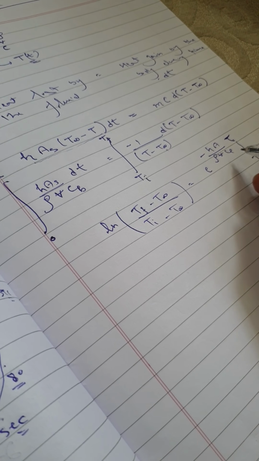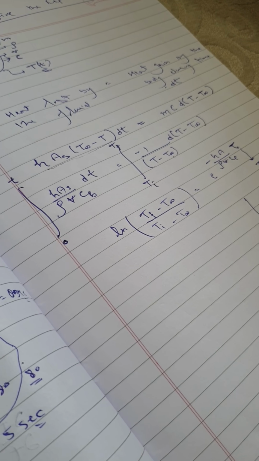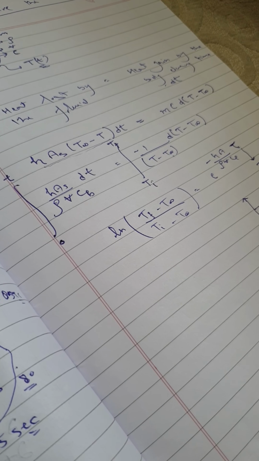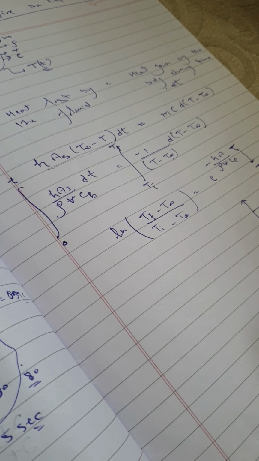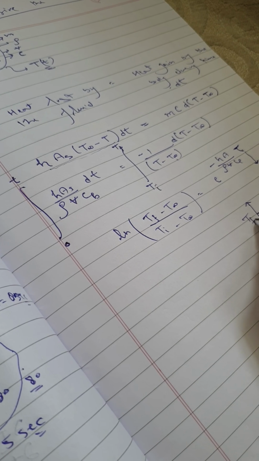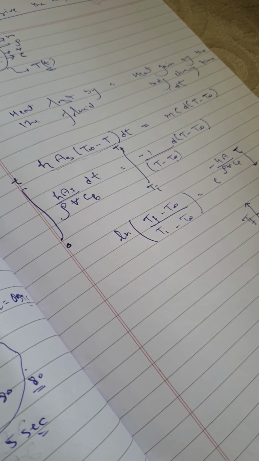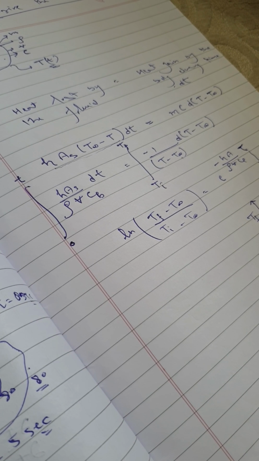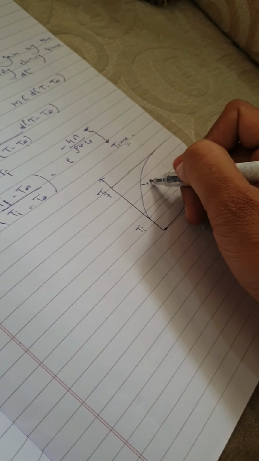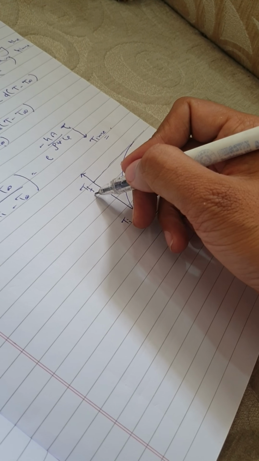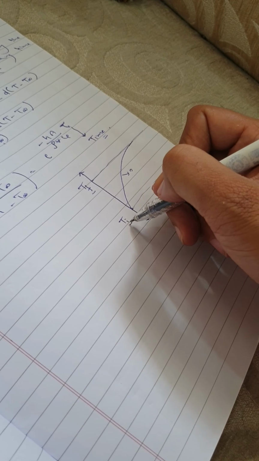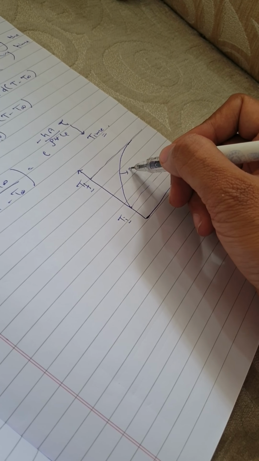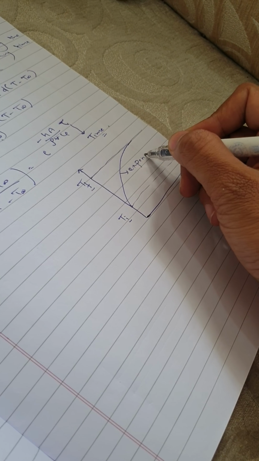So if you draw the graph between Ti and T final with respect to time, this is exponential in nature.